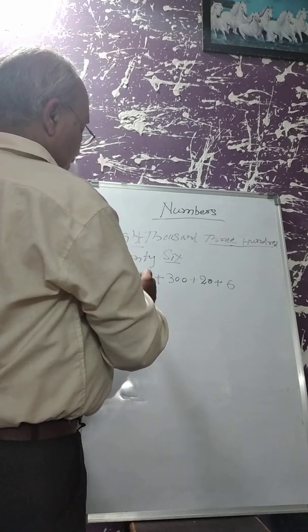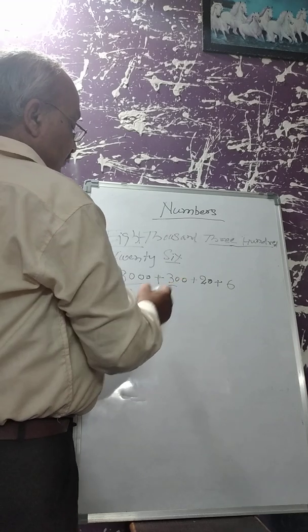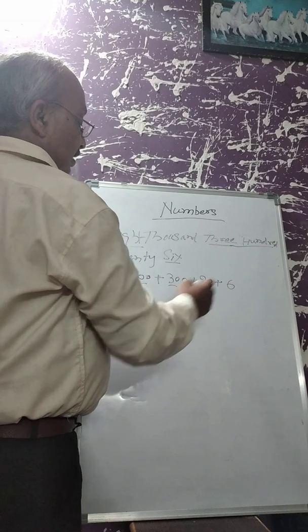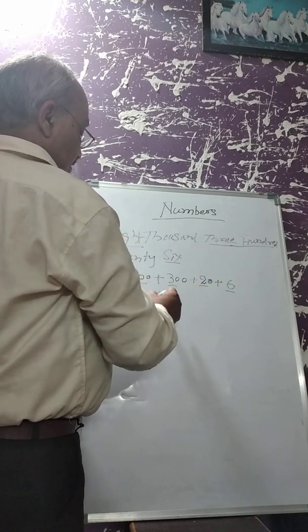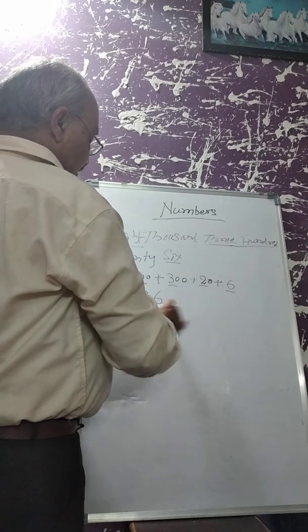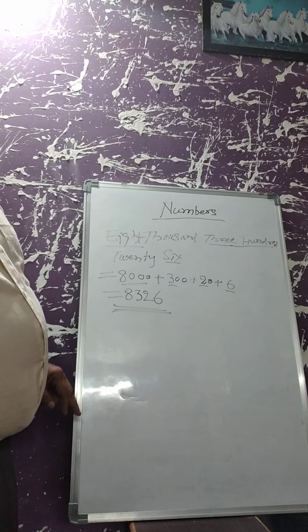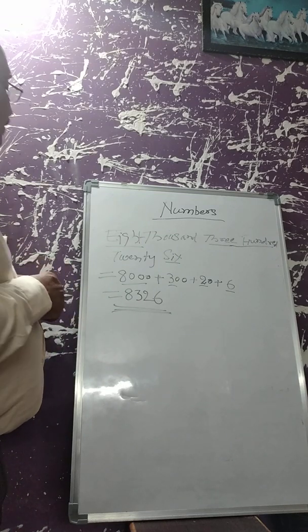So you have to take 8 over here. Out of this you have to take 3. Out of this 20 you have to take 2. Out of 6 you have to take 6. So it is 8,326, and that is the number which you had to find out, isn't it?